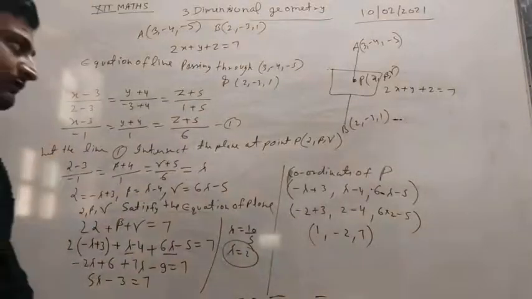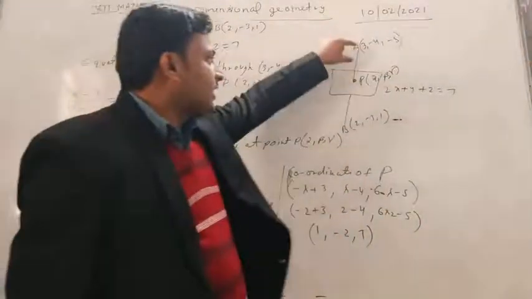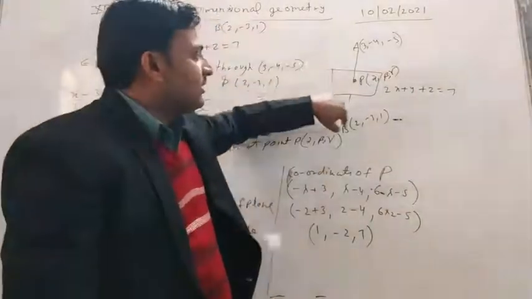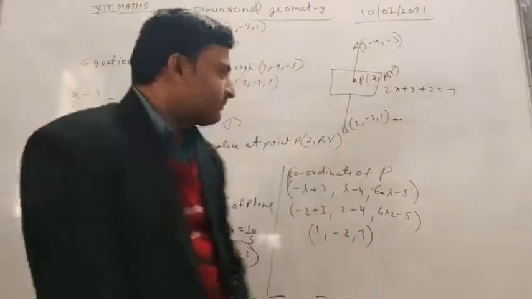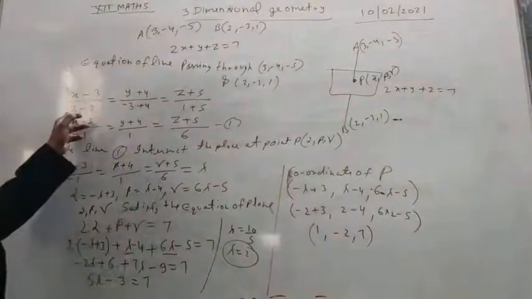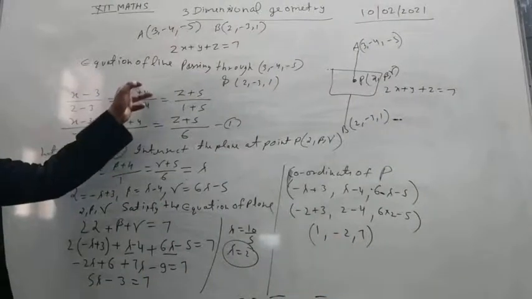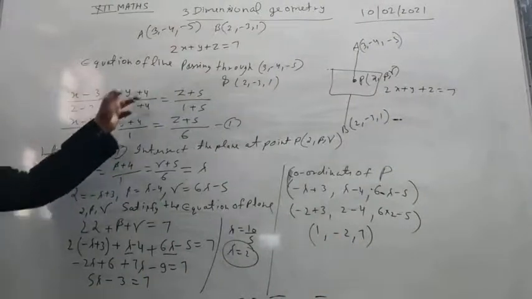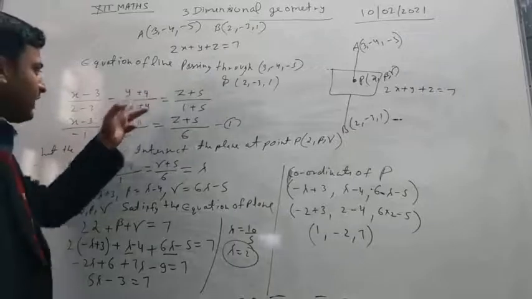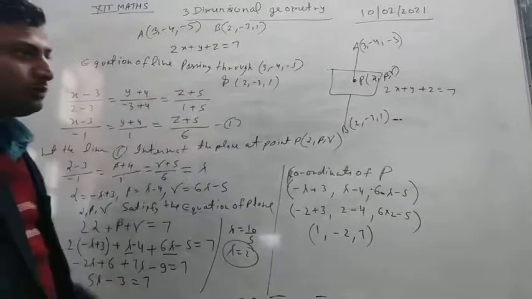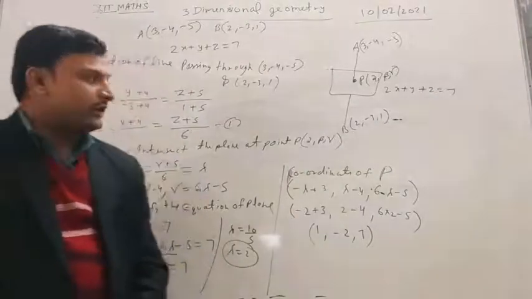So students, first of all, we found the equation of this line AB, which is (x−x1)/(x2−x1) = (y−y1)/(y2−y1) = (z−z1)/(z2−z1).